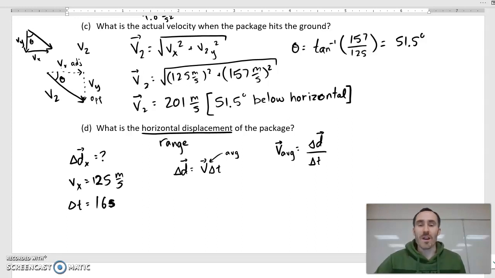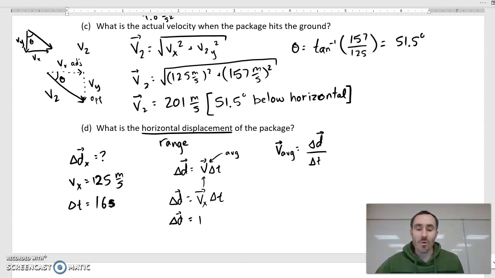Okay, I just rearranged that thing. Because we know that the horizontal velocity does not change at all during this whole time, the horizontal velocity is average velocity. And so in this average velocity spot, we can just put Vx there because it's a constant velocity. And so that's the way it works. We already know that the time is 16 seconds. And so this calculation is a very straightforward one.